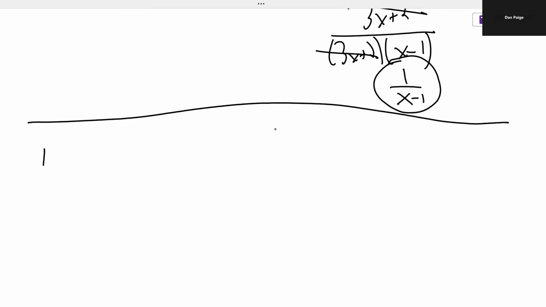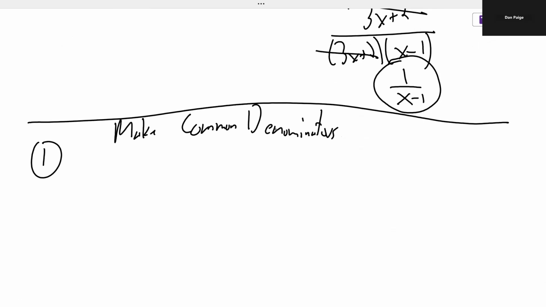Here's our first example of that one. So now we need to make common denominators. Here's the example. 5 over 6x plus 3 over 2x squared.